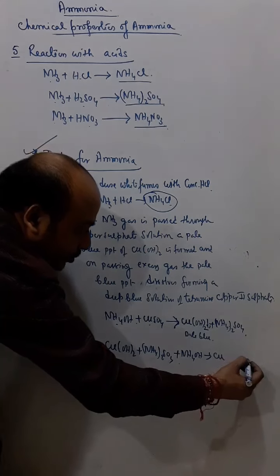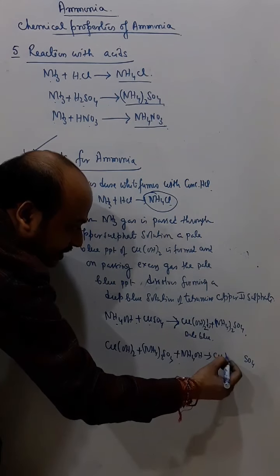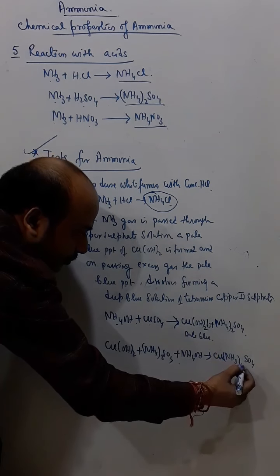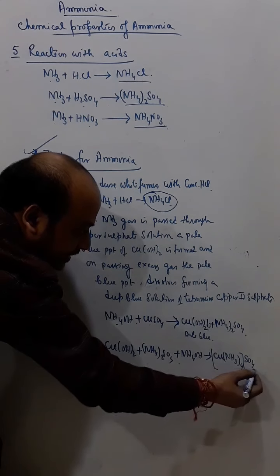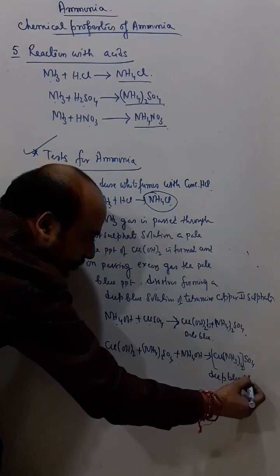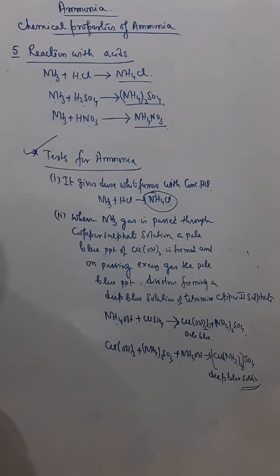I told you already, you first write copper sulfate CuSO4, and then tetraammine means 4 ammonia. So write here [Cu(NH3)4], this is the positive radical and that is the negative. So this is tetraamminecopper(II) sulfate and this is the deep blue solution. So these are the two common tests that we can apply to identify ammonia gas.